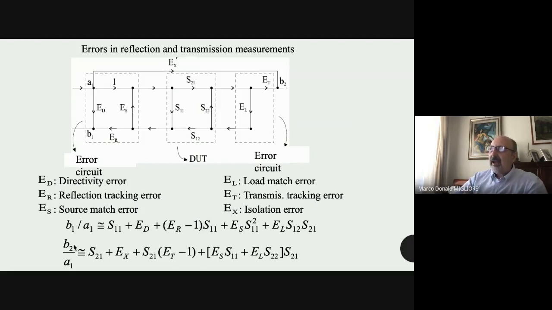And also, after measuring these error quantities, we must be sure that they do not change. It means that if we move a cable, for example, we change the error parameters, and we add errors instead of subtracting errors. So calibration is very good, but if it's not properly done, it can be very, very dangerous.